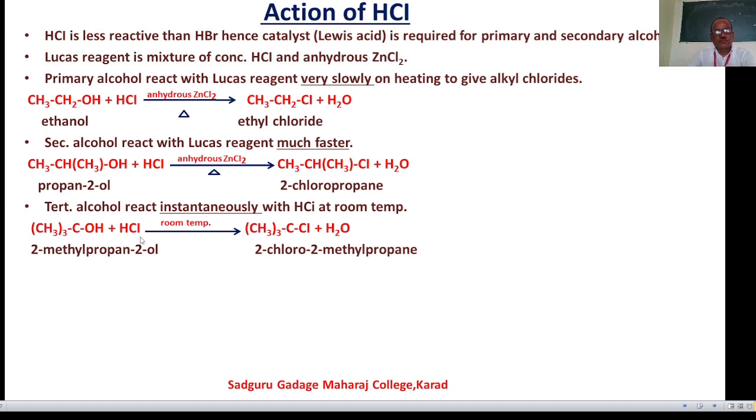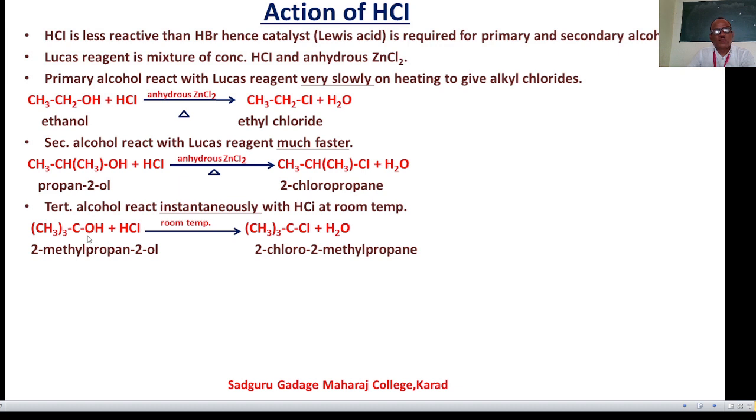It reacts with HCl, and heating is not required here. The reaction takes place at room temperature. A catalyst, that is anhydrous ZnCl2, is also not required, and the product is 2-chloro-2-methylpropane, or tertiary butyl chloride, plus H2O.